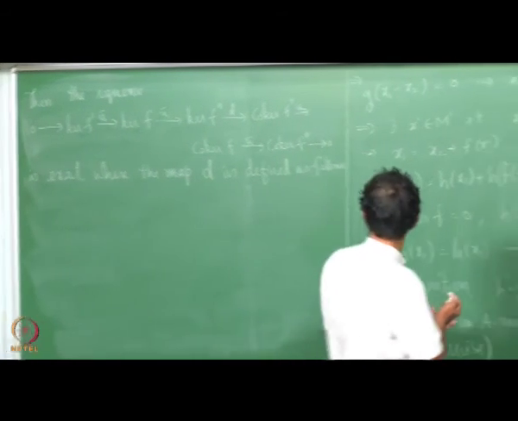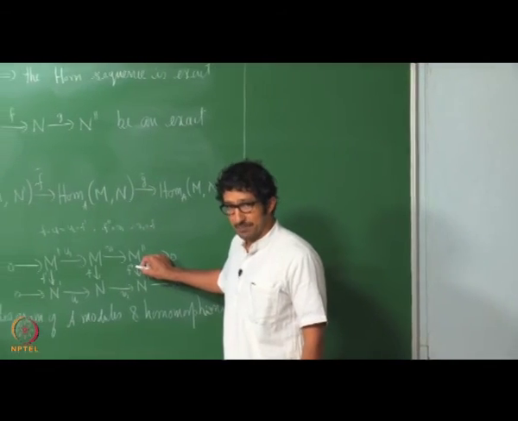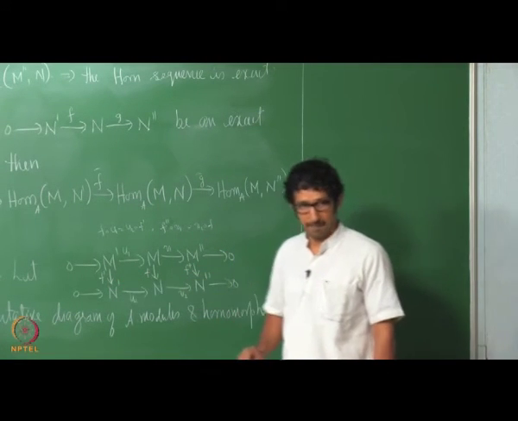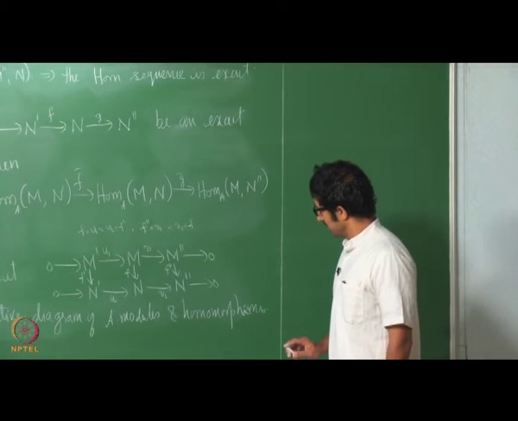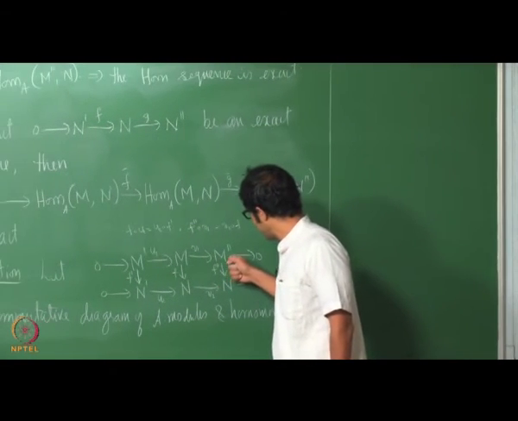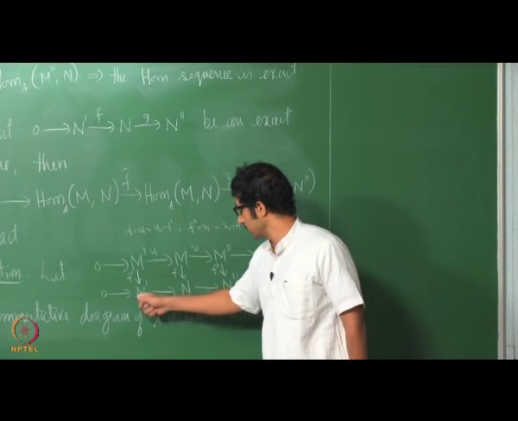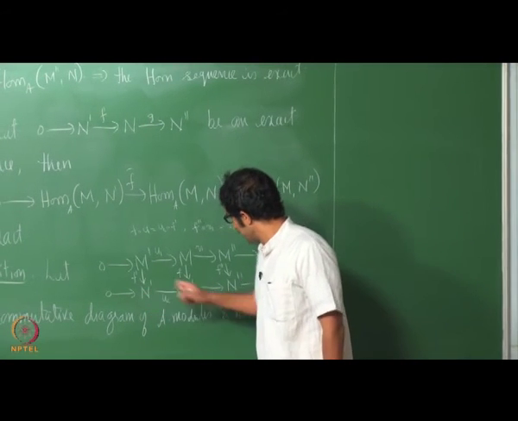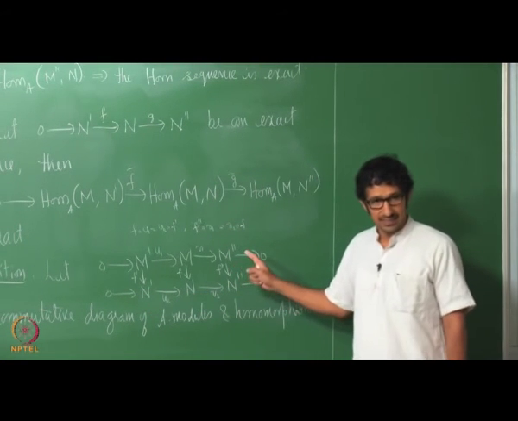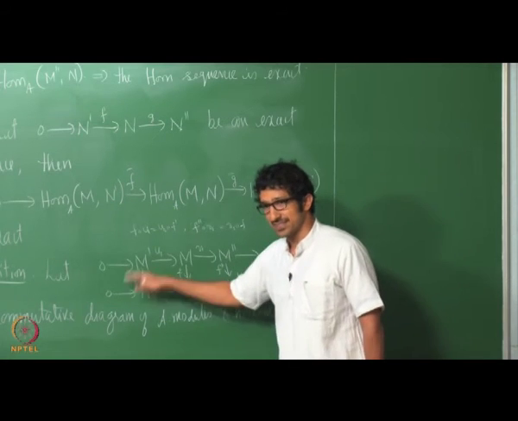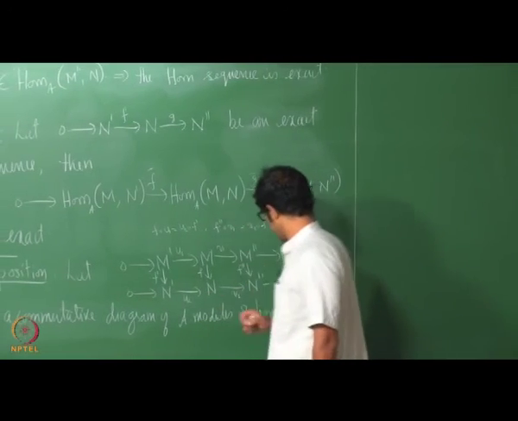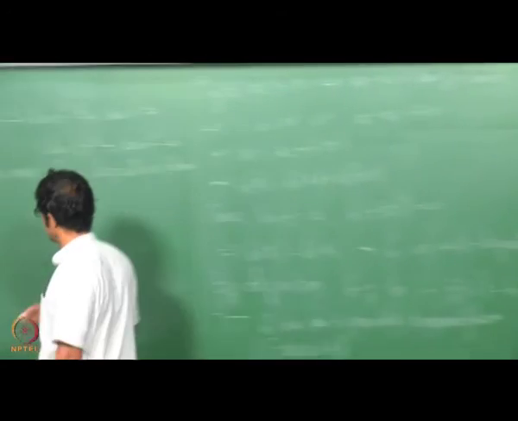So, I want to define a map from the kernel of f double prime to the co-kernel of f prime. That is, a map from a submodule of m double prime to a quotient module of n prime. So, what do I do? We have to keep chasing the diagram. I start with an element in the kernel of f double prime.